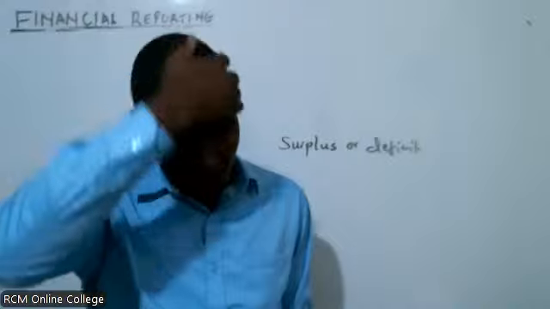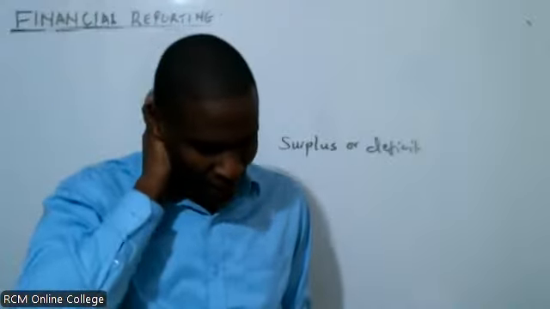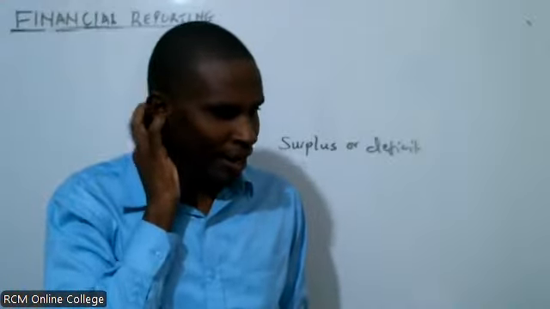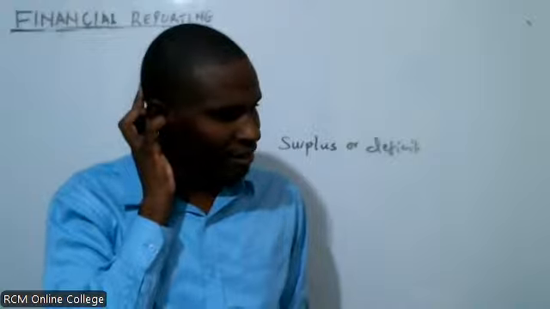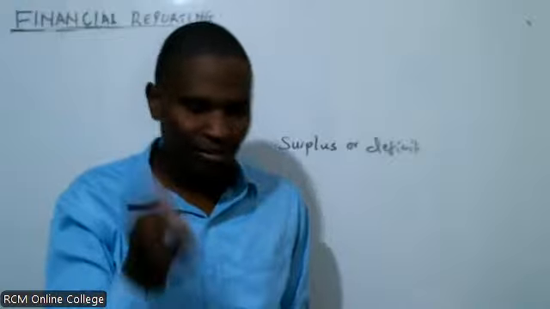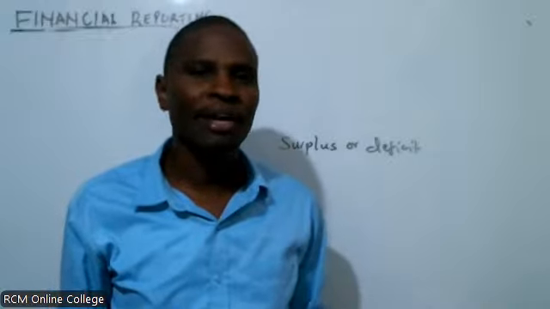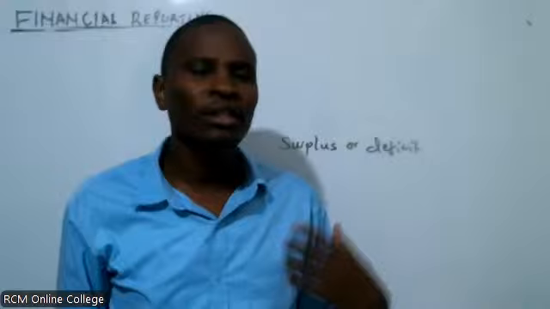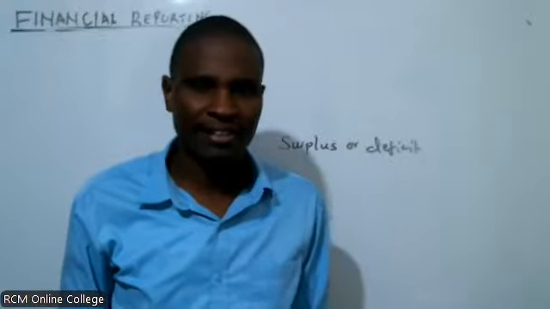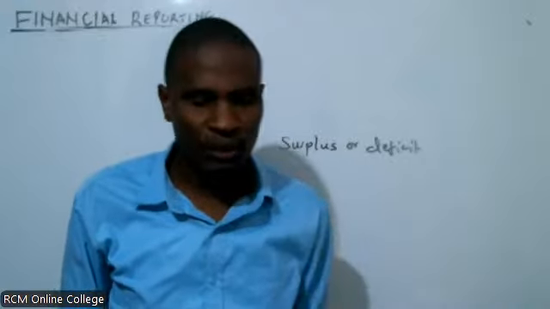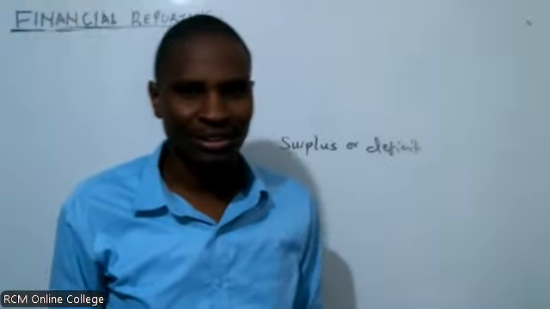An entity should only change its accounting policies if required by an IFRS standard. You get? So, if it's not a requirement by the standard, or it's not something that will be more relevant and bring more accurate answers, you should not.